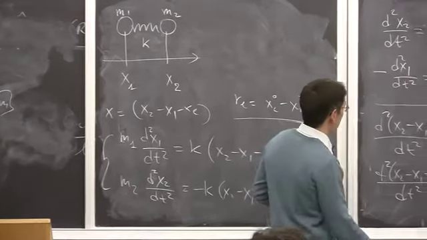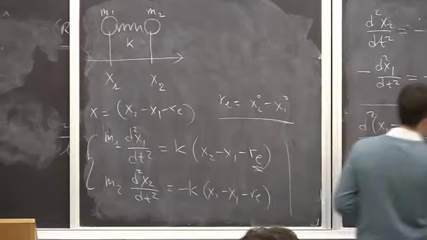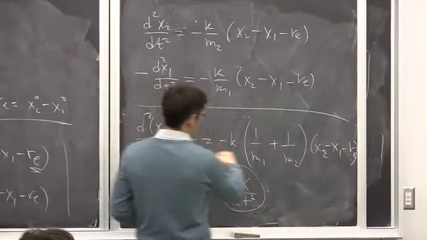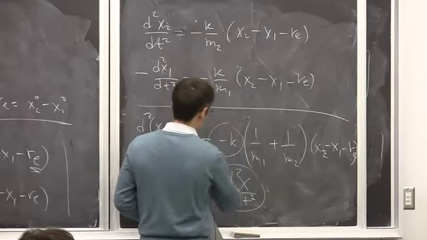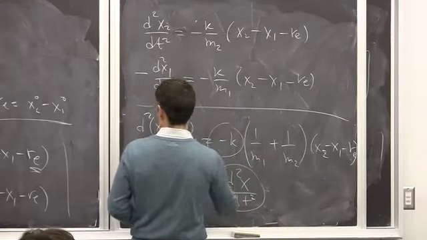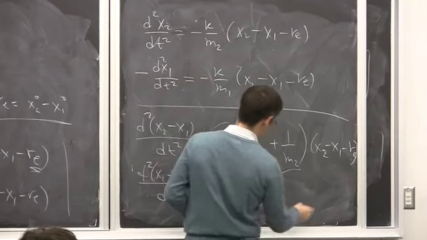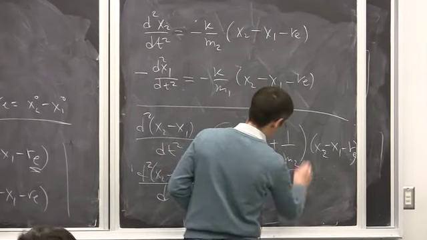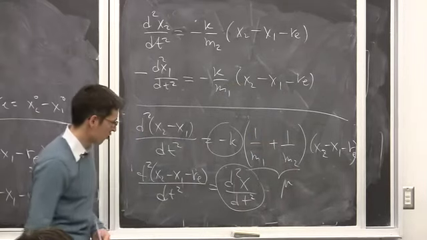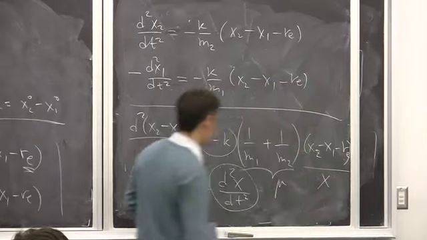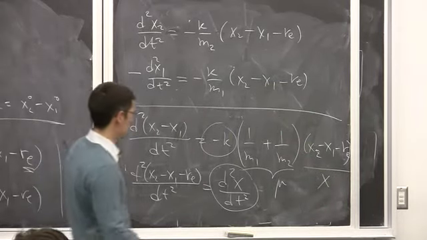And then the second derivative of the new variable is equal to minus k, right? This constant, which I will call the new variable mu, and this variable x that we have here.